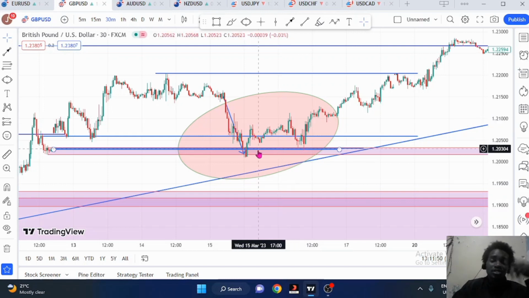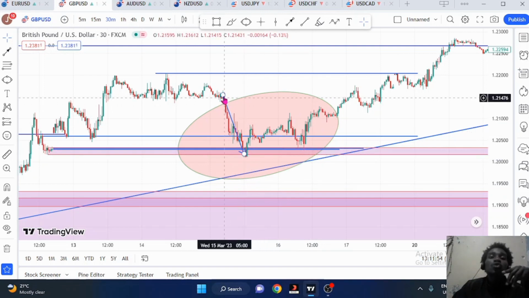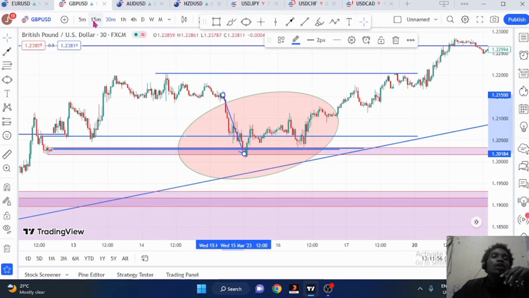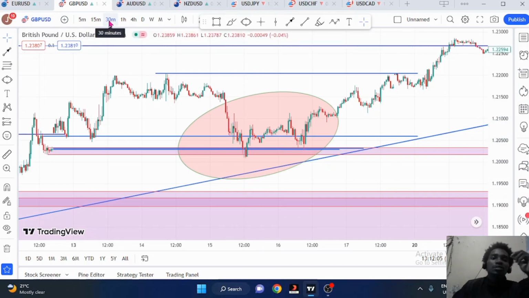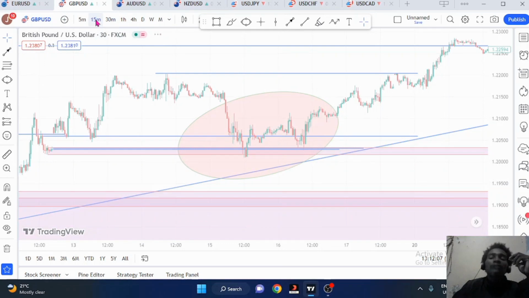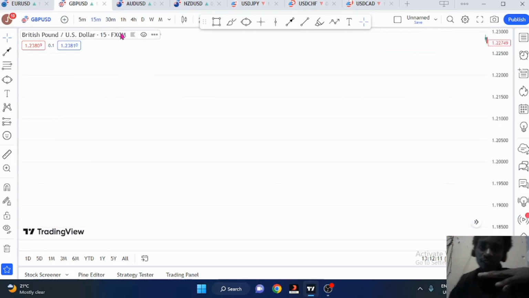So I will have to wait for this trade to come back into the lower 15 minutes. I will be looking for my entry confluences, and this is the final. I will have to wait for a change of character in the 15 minute time frame. This is the final part of it.